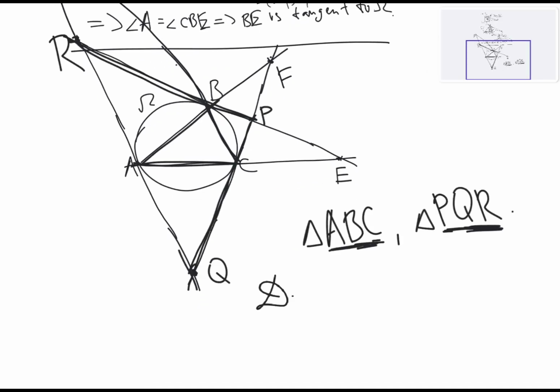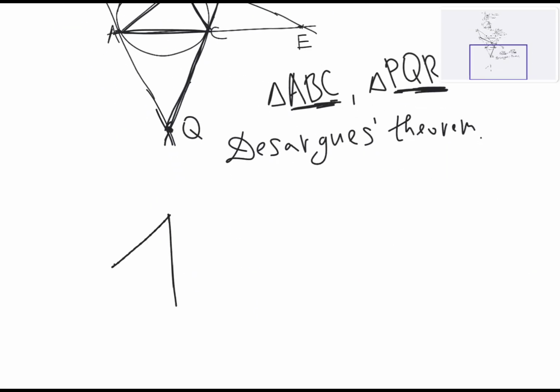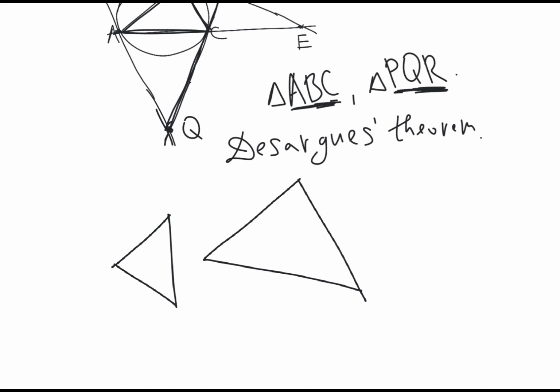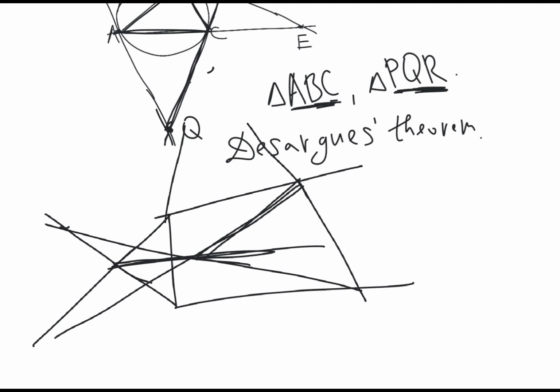The Desargues theorem says that if we have two triangles, something like this, then the intersection points of the corresponding sides, the intersection points of these lines, lie on a single line if and only if the lines connecting the corresponding vertices of these two triangles, these three lines in this case, intersect at a single point.